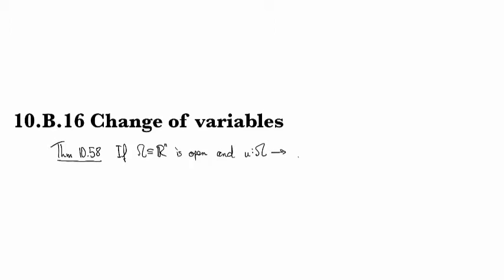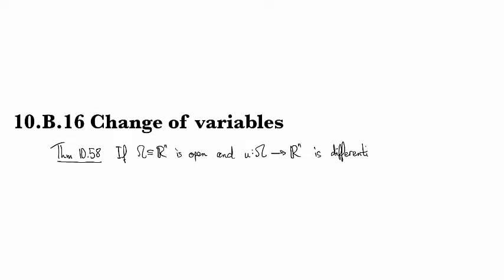But we're going to have some change of variables given by u. So u is a transformation of Rn to Rn that transforms omega into some maybe simpler set. And this needs to be a differentiable map on omega.